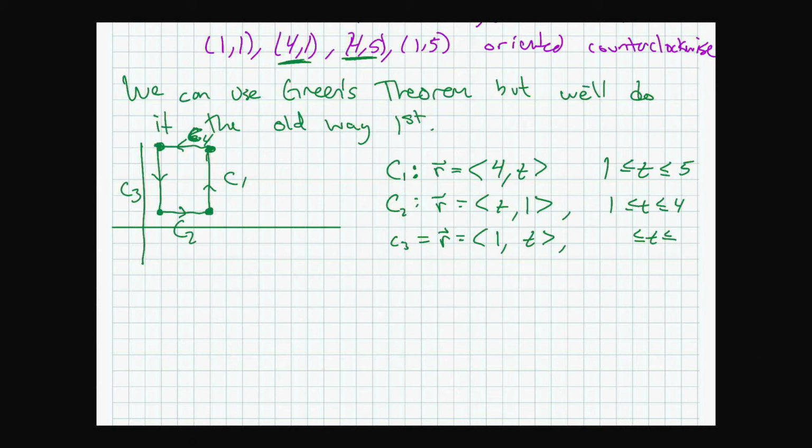This is where you have to pay a little bit of attention to make sure you get the direction right. Normally, if it's going from 5 down to 1, we would like to put 1 here and 5 here. But the problem is if t goes from 1 to 5, then that would be going from 1 up to 5, and we want it to go the other way around. So I have to change this parameterization a little bit.